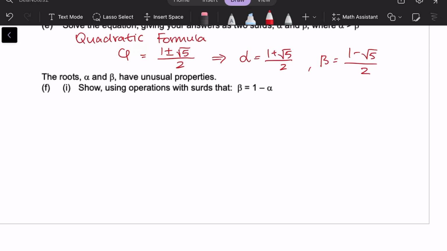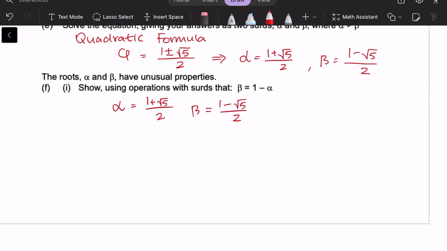Show using operations with surds that beta equals 1 minus alpha. So here, let's just reiterate what alpha and beta are from the question above. So alpha is 1 plus root 5 on 2, and beta is 1 minus root 5 on 2.